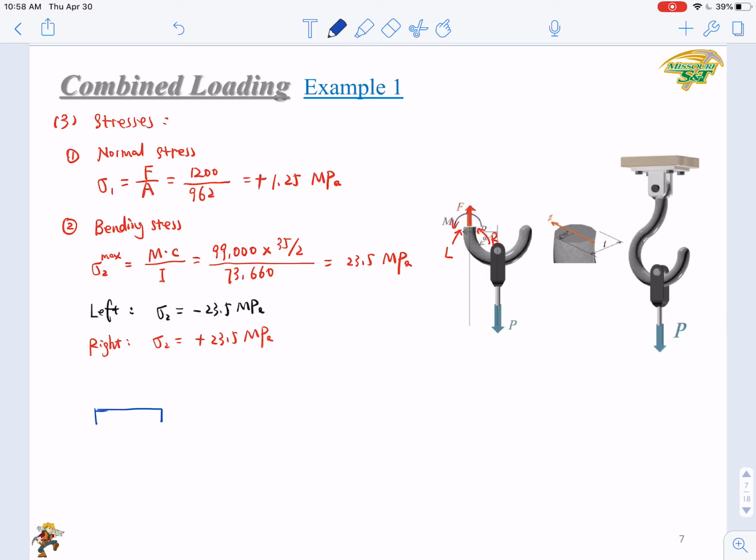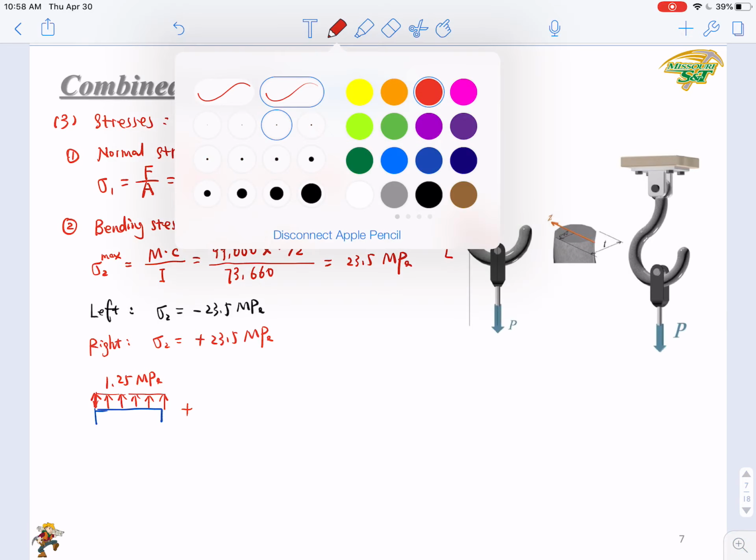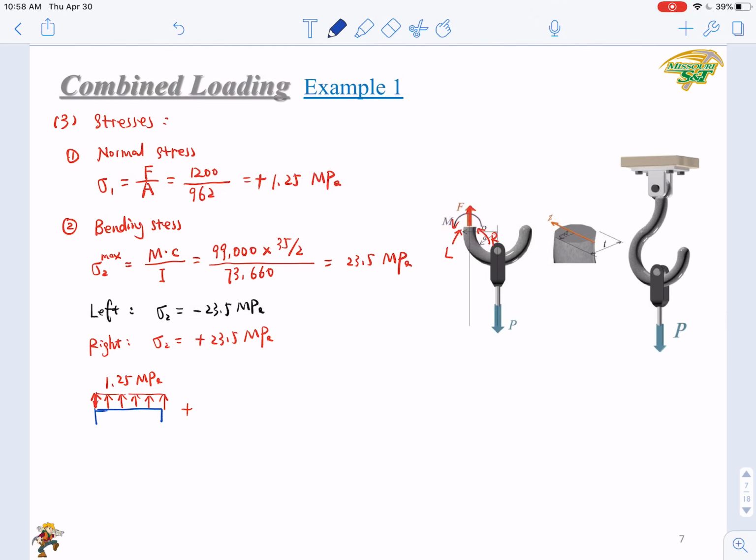Okay, this is a tensile loading of 1.25 MPa. And it will be combined with the stresses generated by the bending.